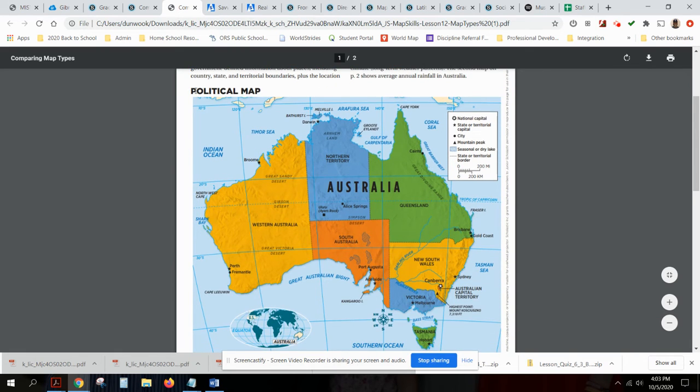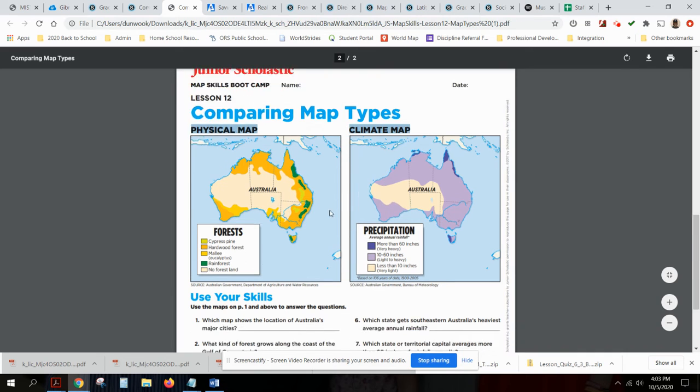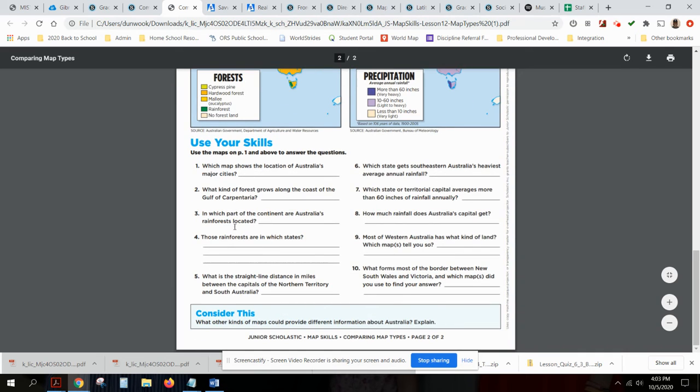So you'll be using the political map of Australia combined with the physical map, or the forest map, of Australia and the climate map of Australia to answer the questions below. Keep in mind, if the question is asking you 2 things, you need to answer both parts, okay? Make sure that you have a parent review the information before you submit, okay?